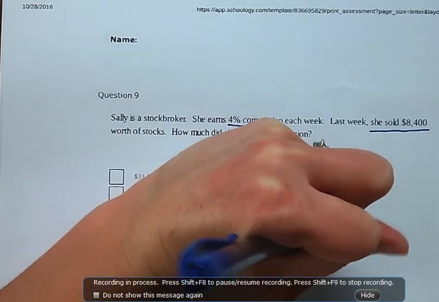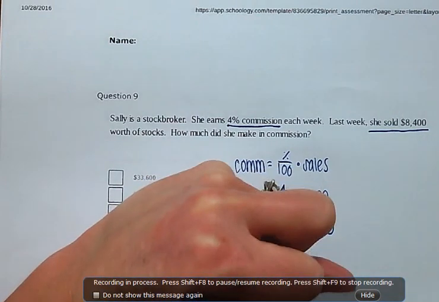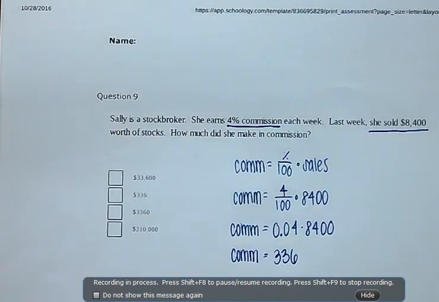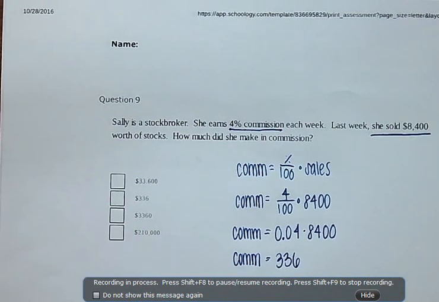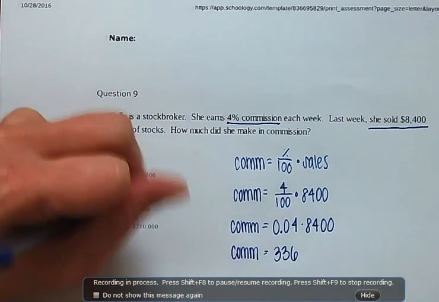I multiply those two numbers together, and that's going to give me $336 in commission. So for selling $8,400 worth of stocks, Sally earned 4% commission back, so she earned $336 of that in commission.